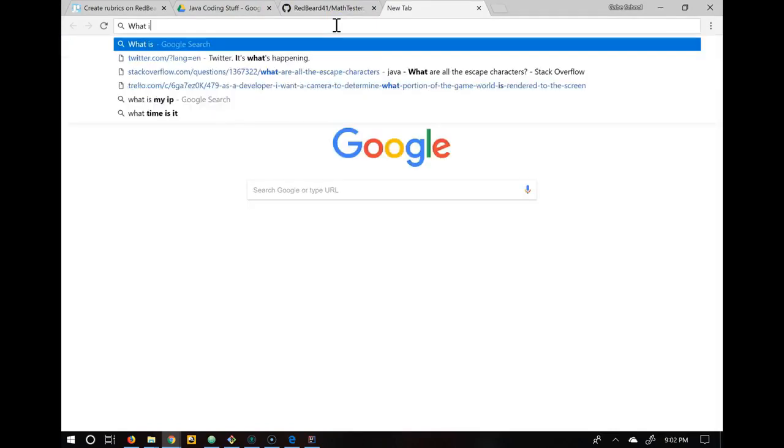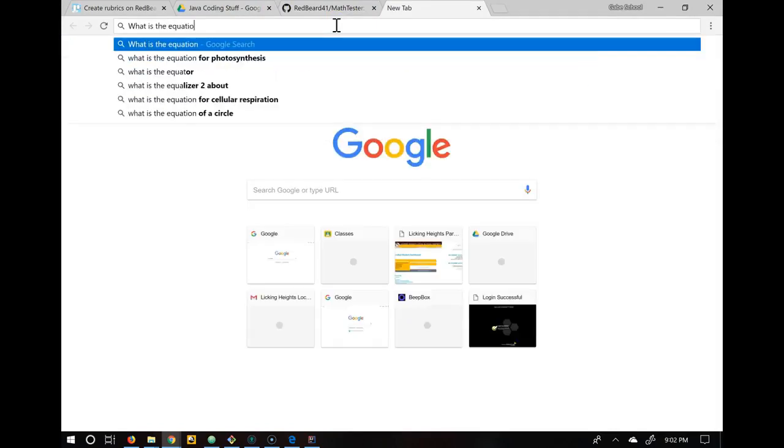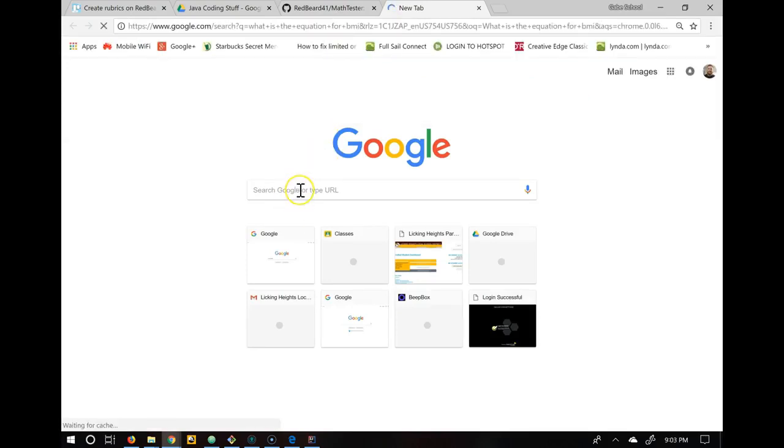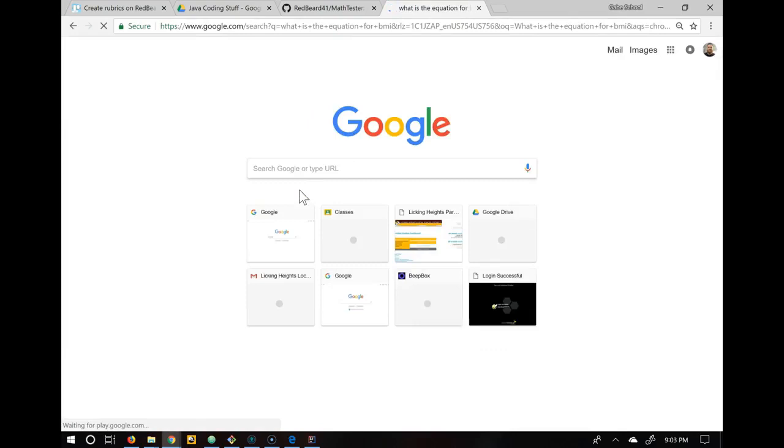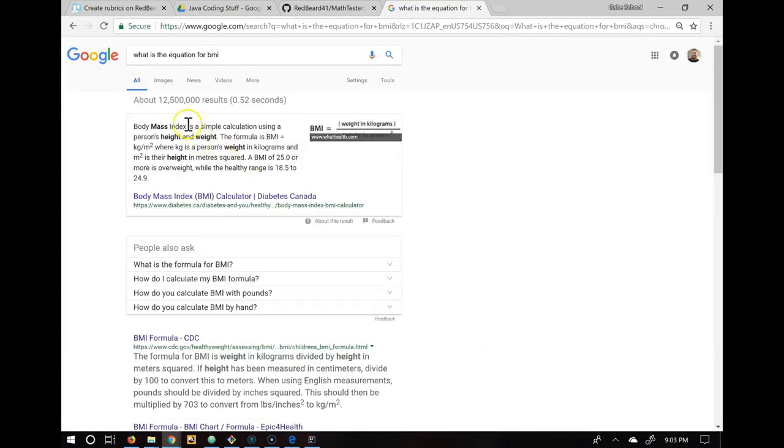what is the equation for BMI, body mass index? Okay, so this is just doing a simple math equation. We have kilograms divided by meters squared.